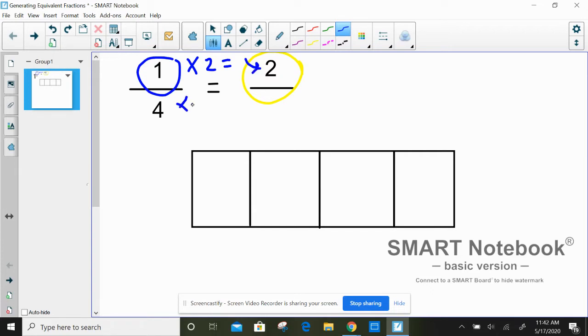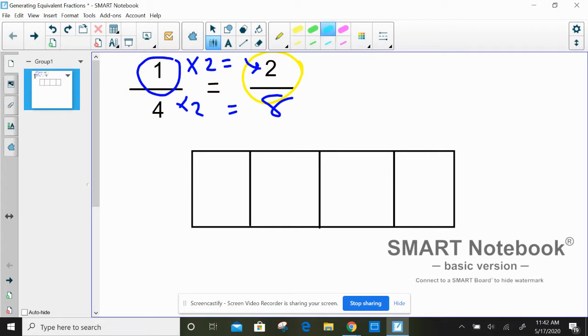So 4 times 2 will give me 8. So then my equivalent fraction here is 2/8. That means that 1/4 is equal to 2/8.